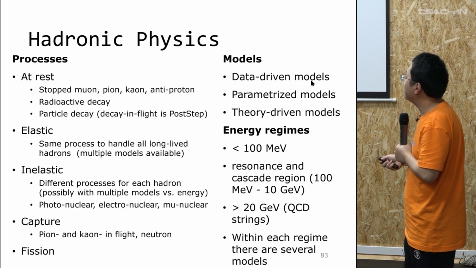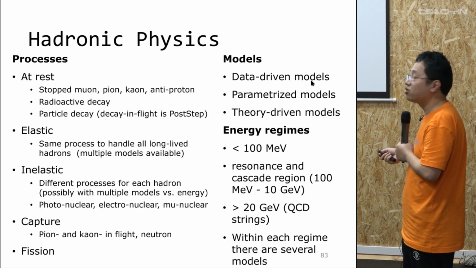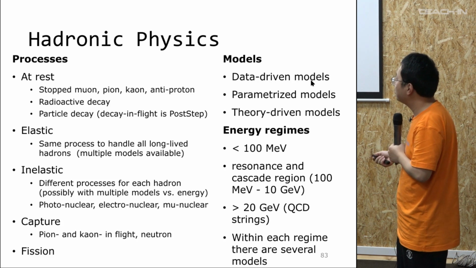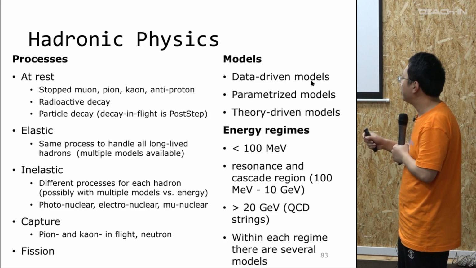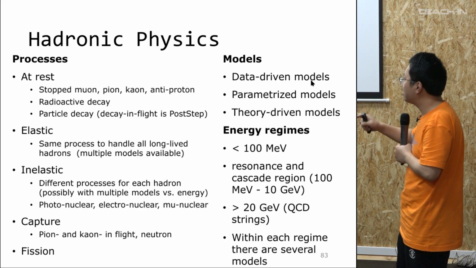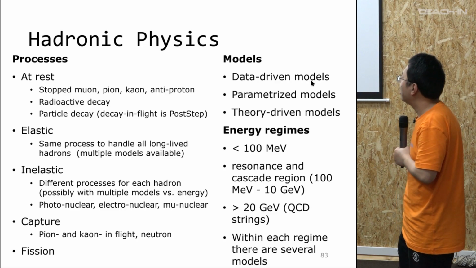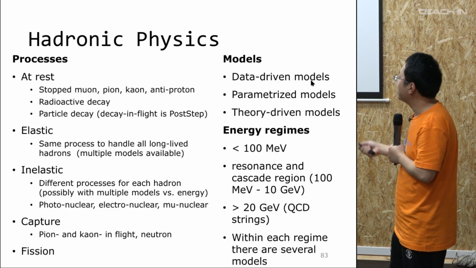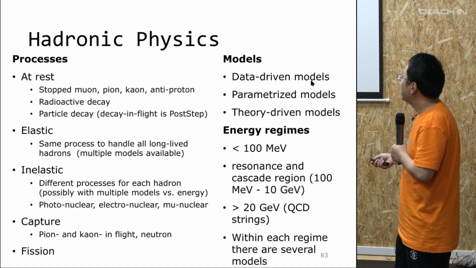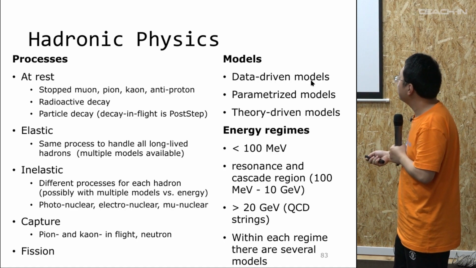And also there is inelastic. So for example, the photonuclear, electronuclear, and some others. And also Geant4 provides the capture. So for example, when the pion or kaon or neutron go through the detector, it could be captured. And also there is a fusion here.